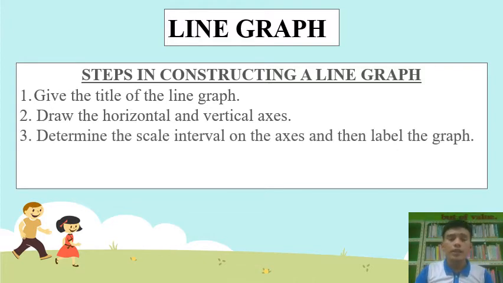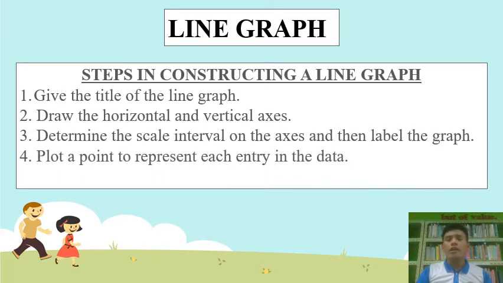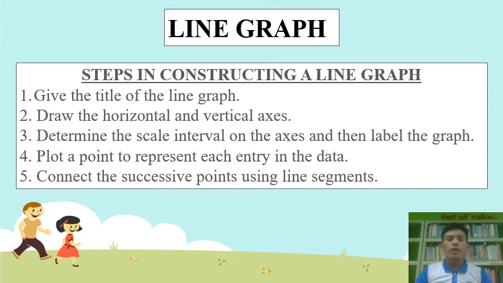Step 3, determine the scale interval on the axis and then label the graph. Fourth, plot a point to represent each entry in the data. And the last one, connect the successive points using line segments.